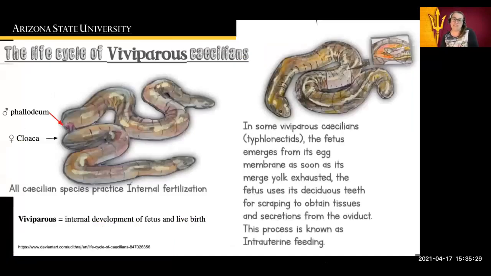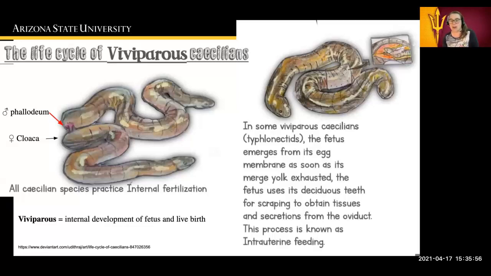When we look at the life cycle of the caecilian, they have a viviparous reproductive cycle, in many species, which involves internal fertilization. Viviparous means that the development of the fetus is internal and they have a live birth. They do have a cloaca, and males have a phallodeum.